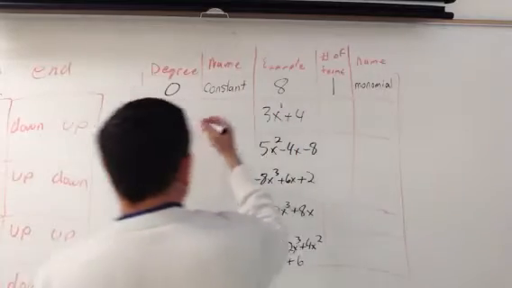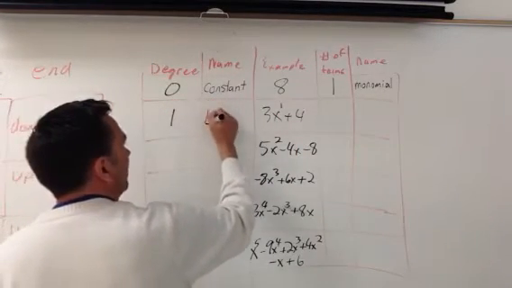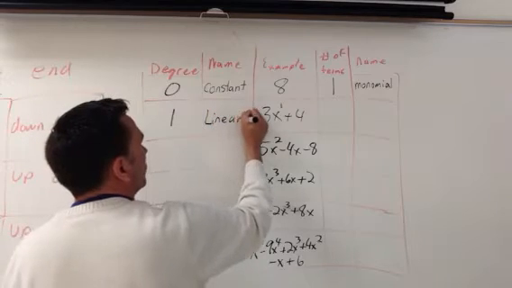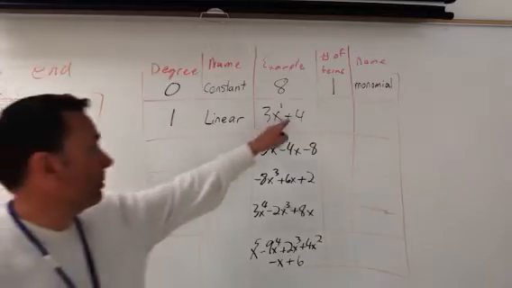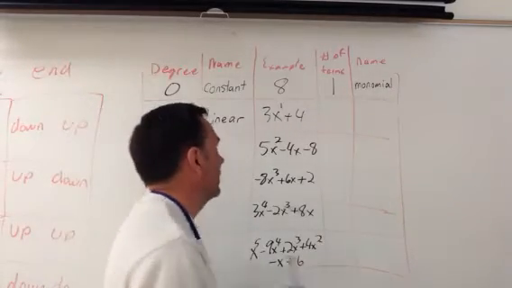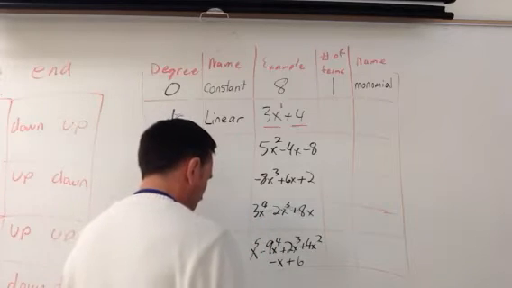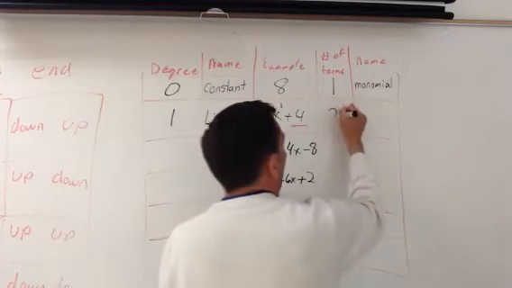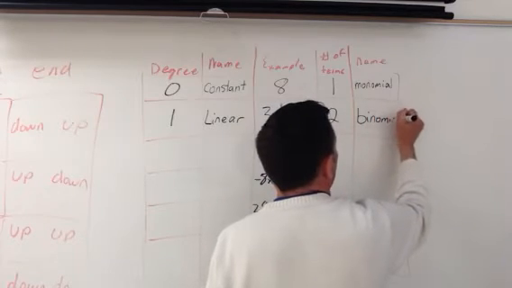So the degree of this function is 1. And this is a linear function, meaning it will create a straight line. Because there's a plus here, I see that there are 2 terms, which makes this a binomial.